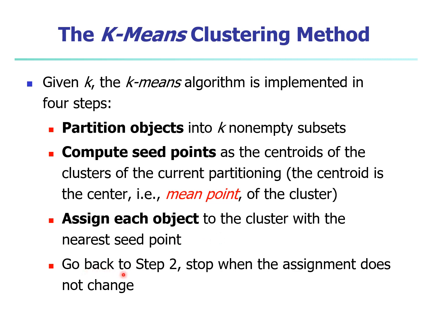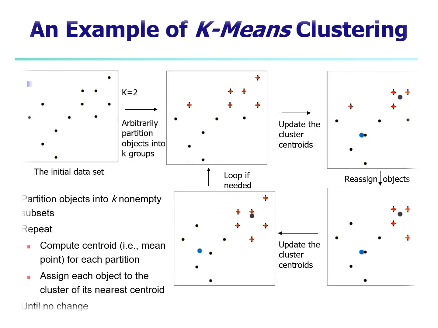Then we go back to the second step and recompute the seed points, and we stop when the assignment does not change. So we recompute the seed points again when we have a new set of clusters. So these are the steps.